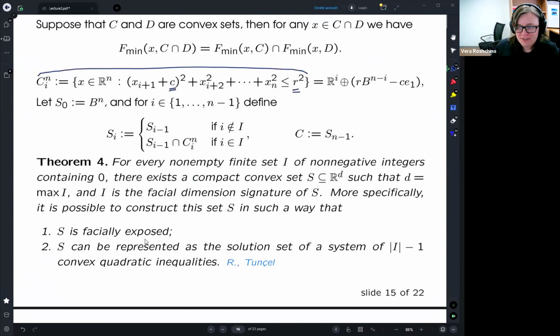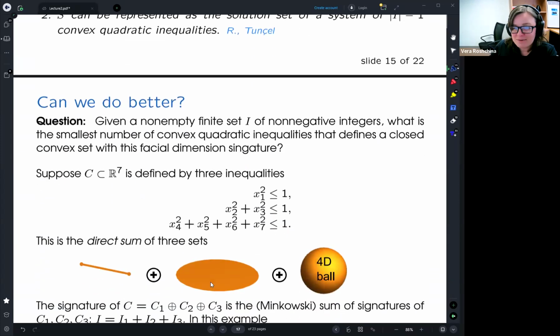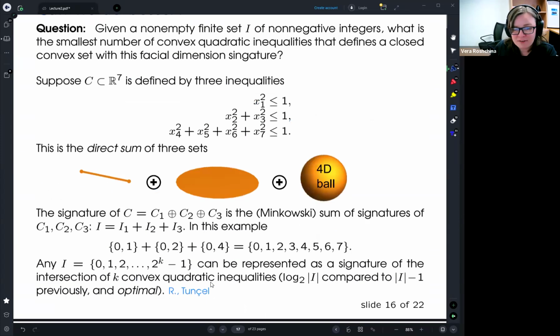So now any dimension signature can be represented as a convex set that is the intersection of the number of dimensions minus 1 convex quadratic inequalities. In some cases, we can actually do better. So for instance, I can look at a 7-dimensional set defined by 3 inequalities.